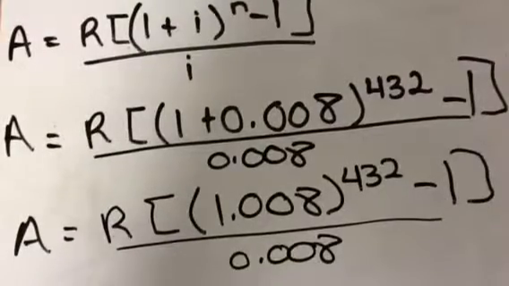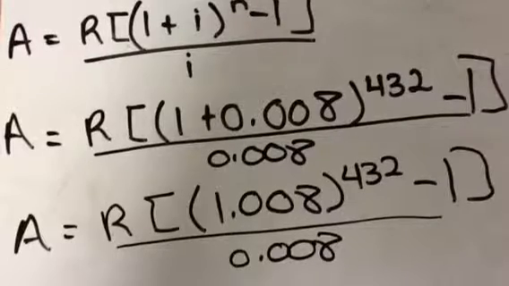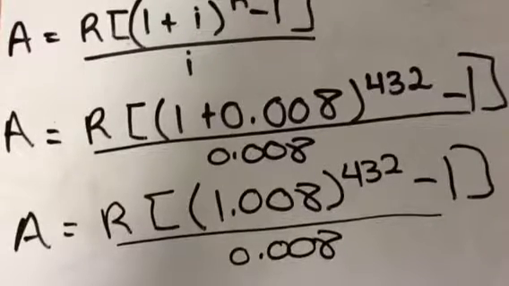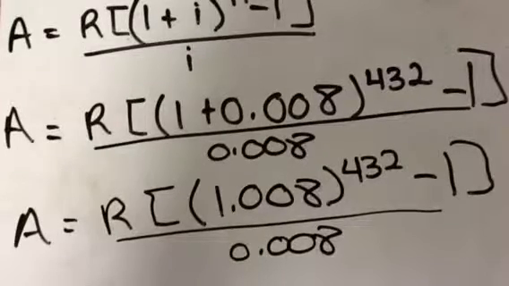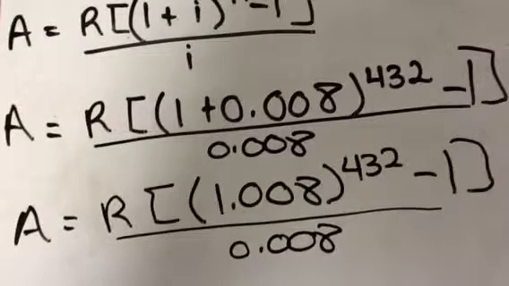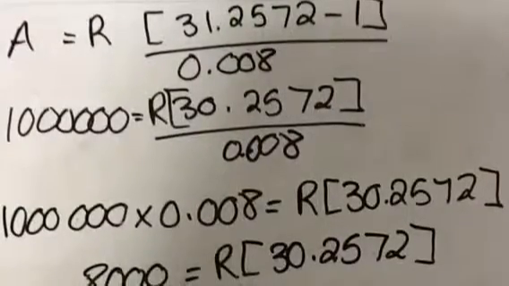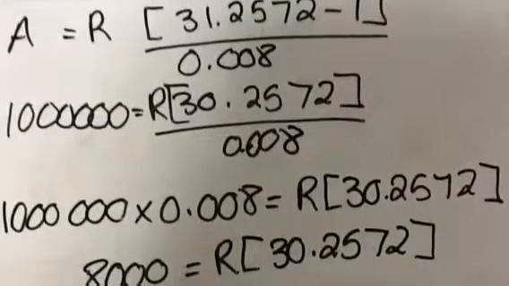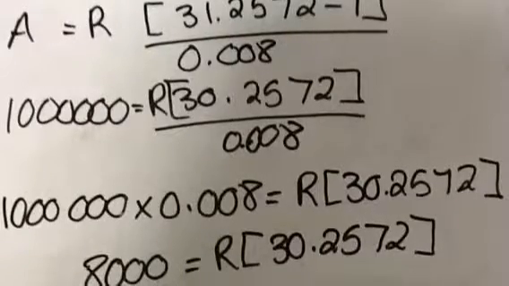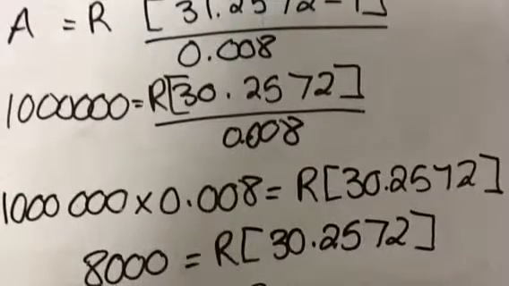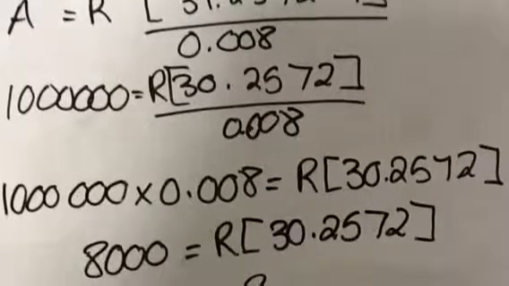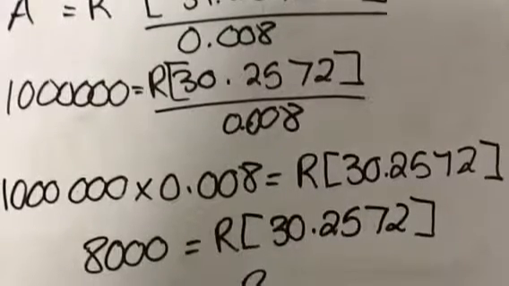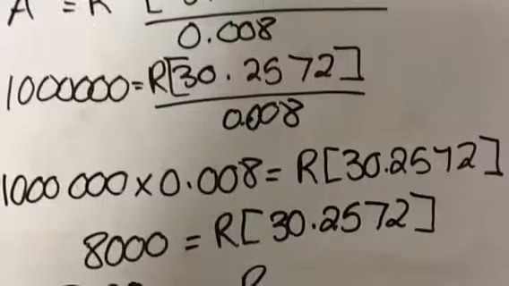We'll use these numbers for the formula A equals R bracket 1 plus I bracket to the power of N subtract 1 bracket divided by I. After subbing all the numbers in and closing in the brackets, we're left with 1 million equals R bracket 30.2572 bracket divided by 0.008.